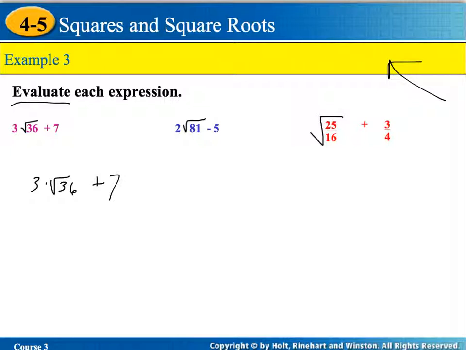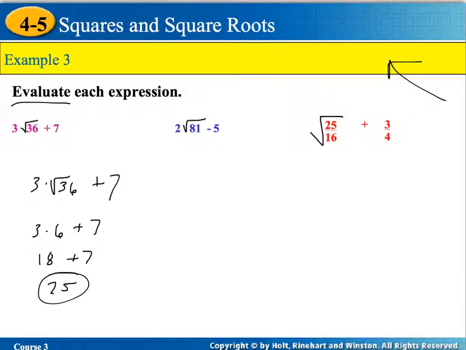We need to find the square root first. Square root is like an exponent. We need to find the exponent before we multiply. So what's the square root of 36? It is 6. Order of operations states we have to multiply before we add. We get 18 plus 7, add those 2, we get 25 for our answer.